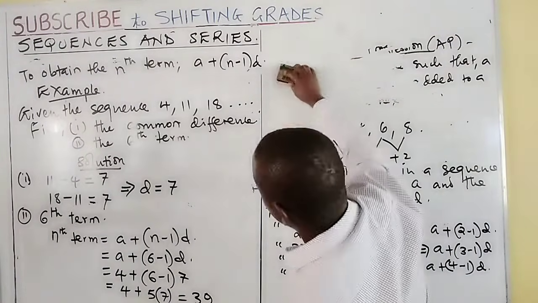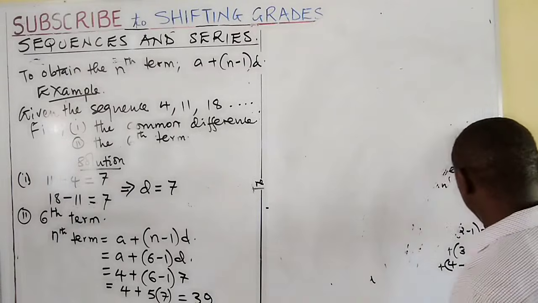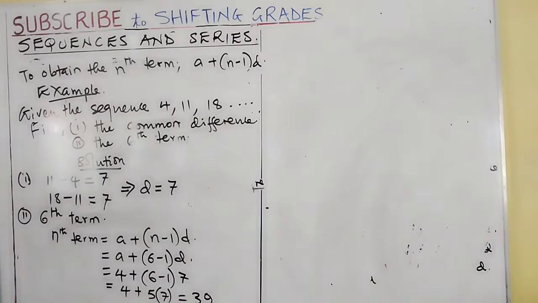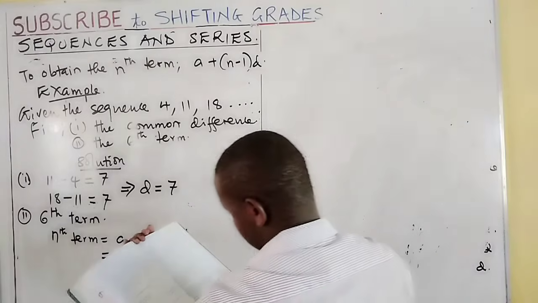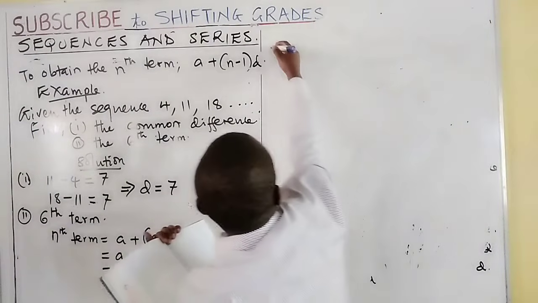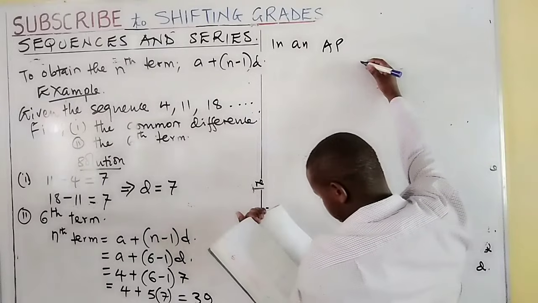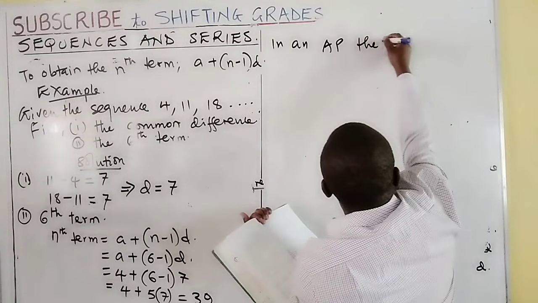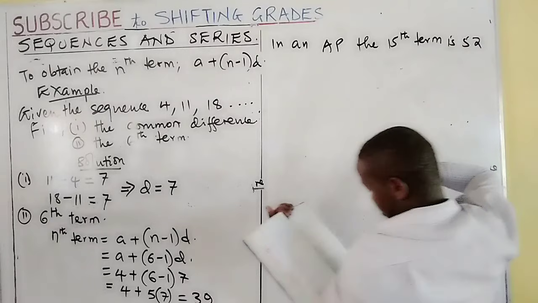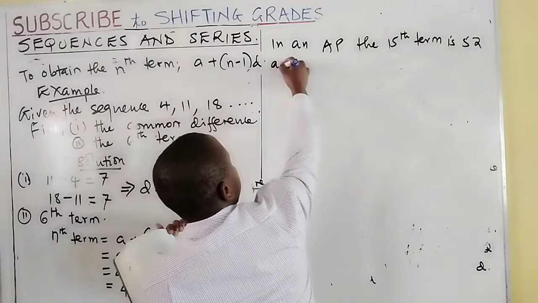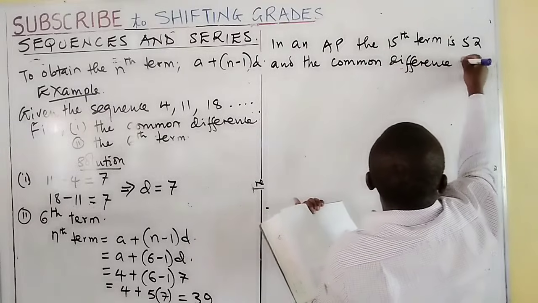Let me submit another example before we go to geometric progressions. Another example. The question says, in an AP, arithmetic progression, the 15th term is 52, and the common difference is 3.